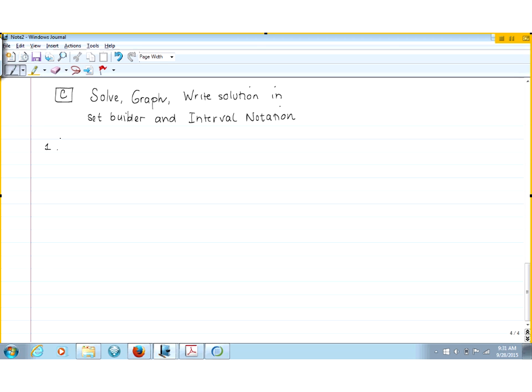For example, number 1: 5y plus 1 is greater than 16. And then number 2: negative 3x is less than negative 12. So what would you do here?